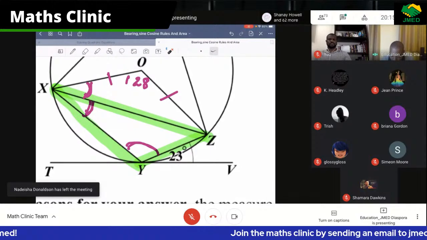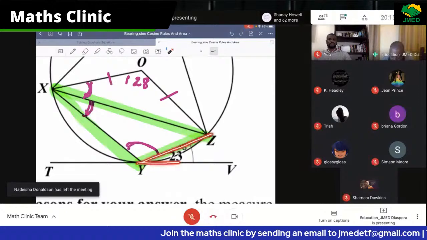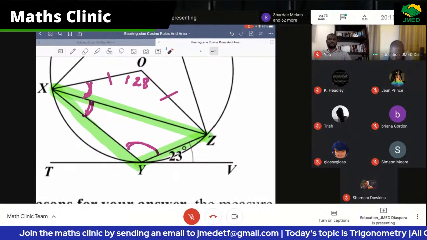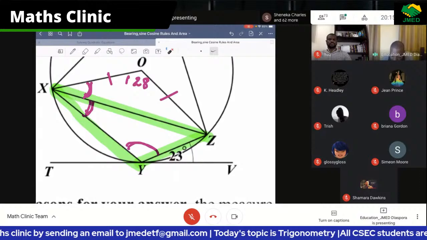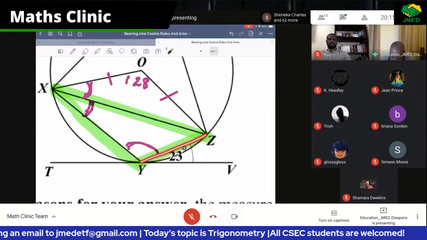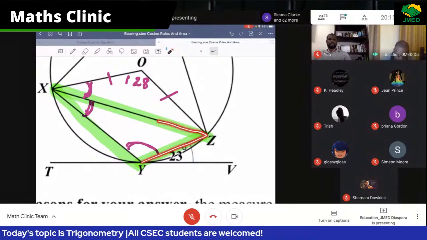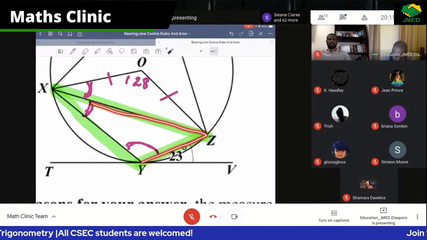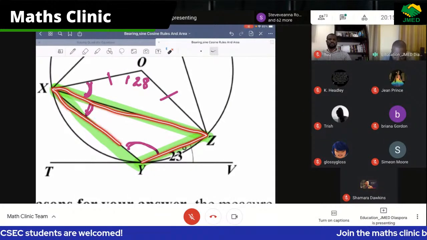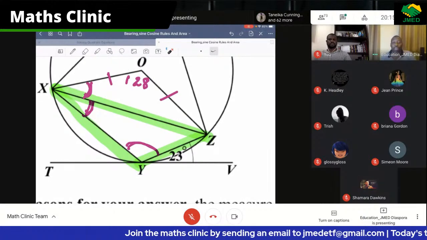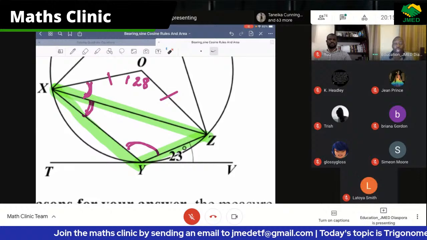So this chord, the angle that is formed between the tangent and the chord, is equal to the angle that is in the opposite segment. So this is a chord here. In other words, any angle that is joining to that chord over here would be equal to this angle over here. Okay?